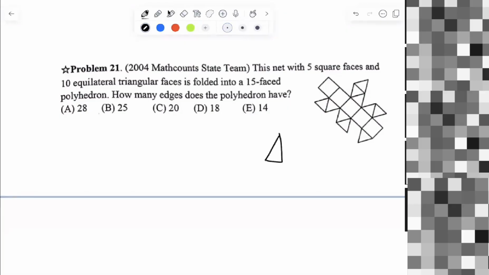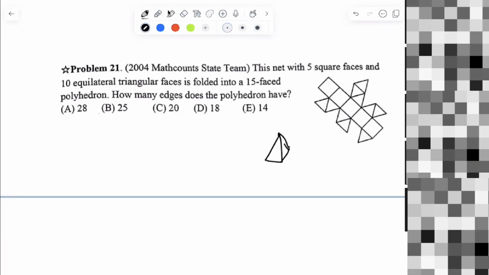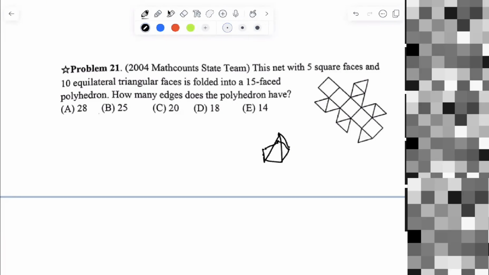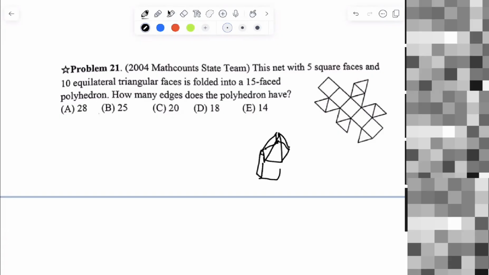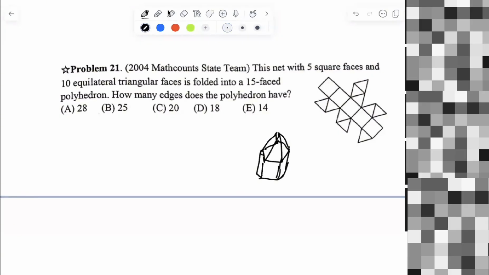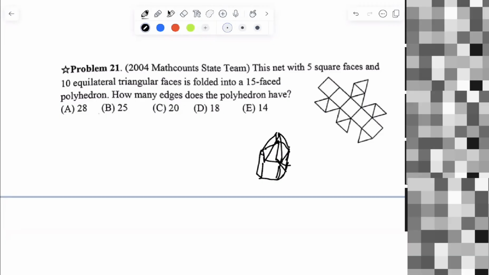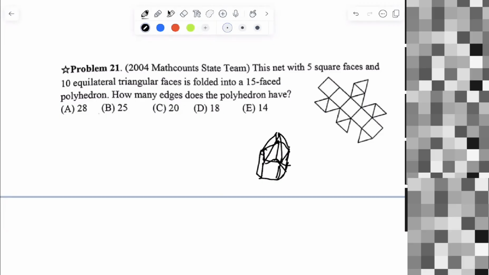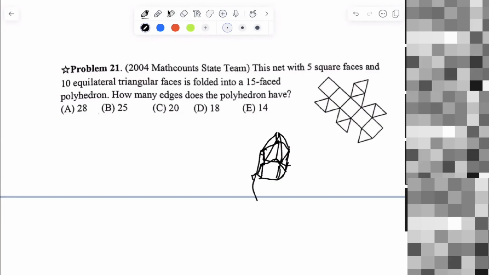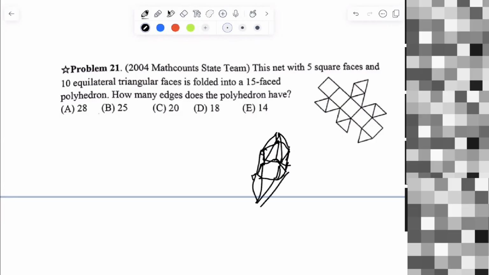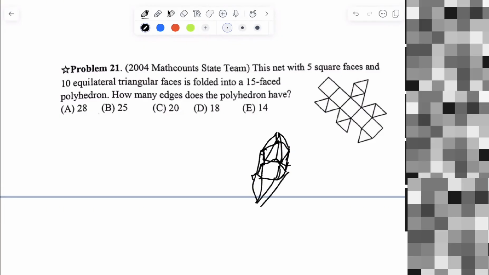It'll turn out to be like this, right? It looks like this, and then the end is the exact same as the top.